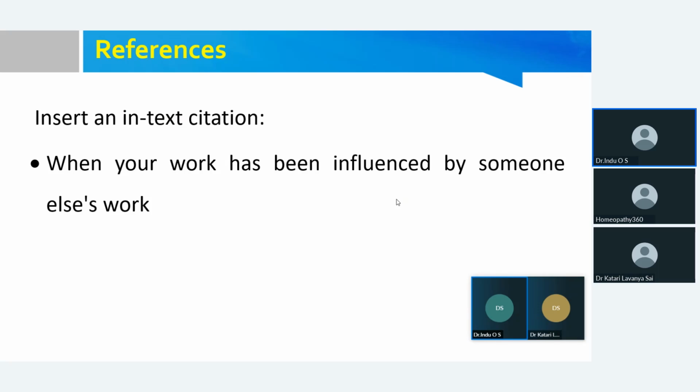Then if you are paraphrasing someone else's work, paraphrasing means you are not exactly copying those words, but you are reframing the sentence and writing in your own ideas and words. That is known as paraphrasing. So in these three situations, we have to give in-text citation.